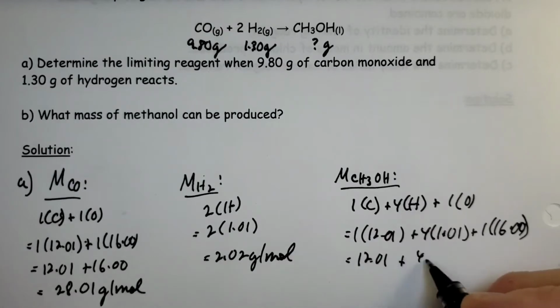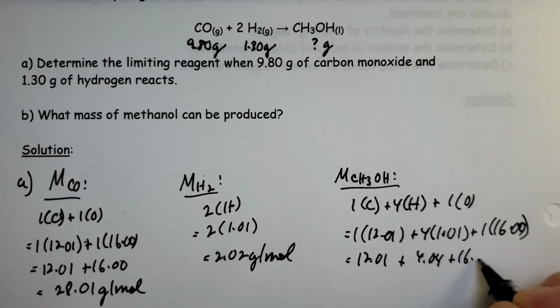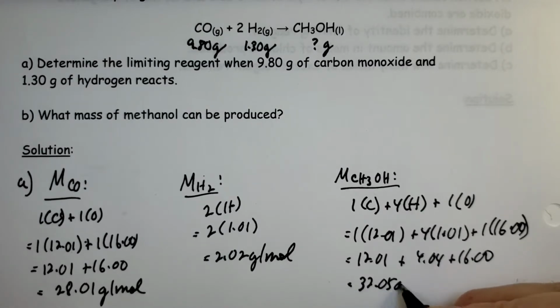It's 12.01 plus 4.04 plus 16, so that's going to give me 32.05 grams per mole. Okay, so that's the initial phase.